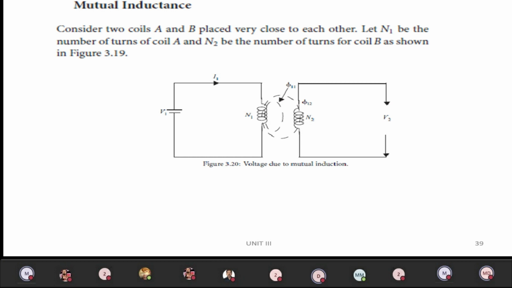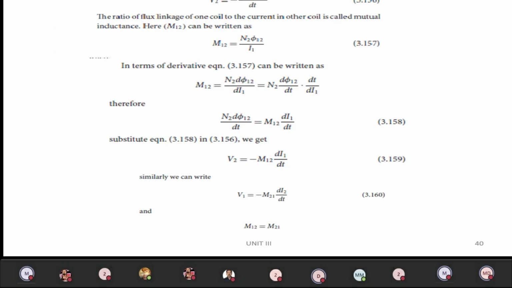The property of the coil which opposes the mutual induced EMF, we call the mutual inductance. Similarly, the other coil will have the same thing. So V2 equal to minus N2 d phi12 by dt, and M12 equals N2 phi12 by I1.